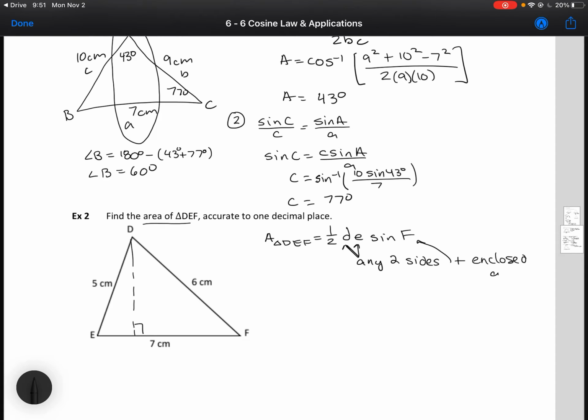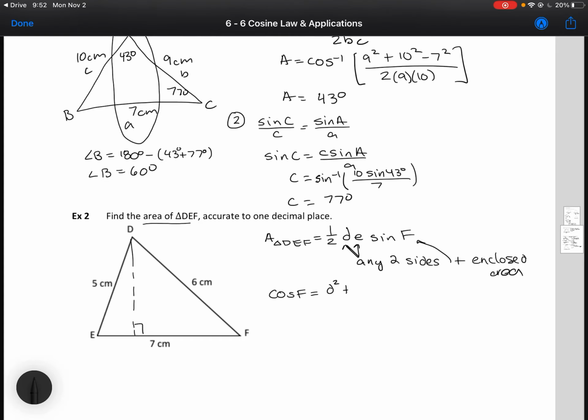So what we can do here is I'm going to choose to find angle F and then find the area. You could do the same thing by finding angle D or angle E. So let's go about finding angle F by setting up our cosine law.